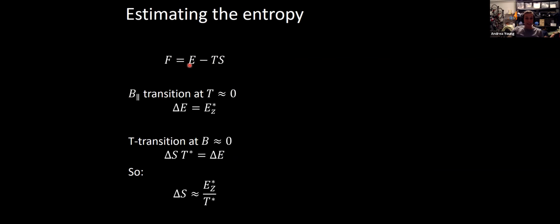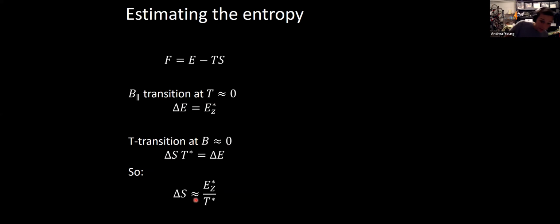The other is to change the ground state energies by working at low temperatures but changing the in-plane field. That allows you to measure the ground state energy difference, delta E, which is just the Zeeman energy at which you get this transition for a given filling factor, and to measure the entropy difference by measuring the temperature at which you get this at zero magnetic field.